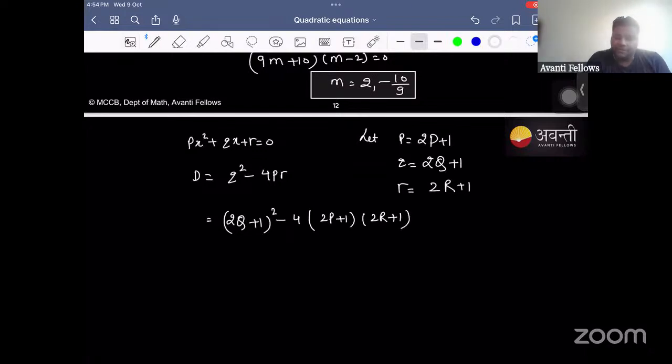Am I correct? Now it is 4q square plus 4q plus 1 minus 4 times (4pr plus 2p plus 2r plus 1).